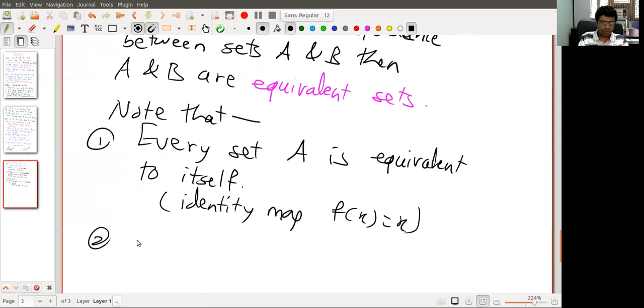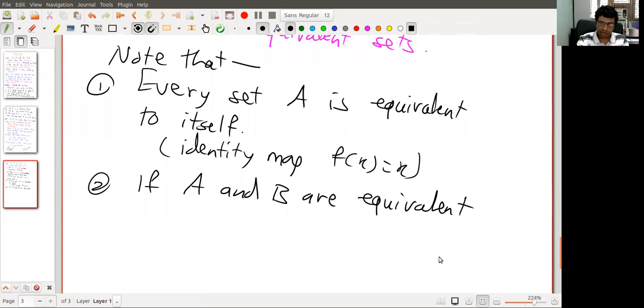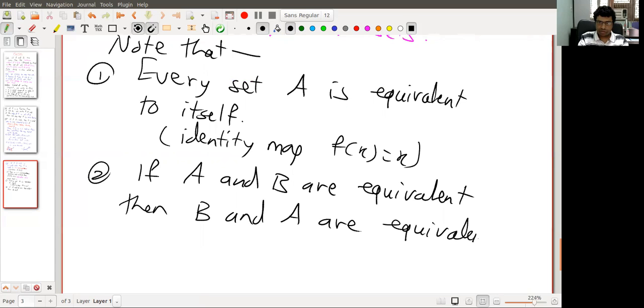Second, if A and B are equivalent, then B and A are equivalent. Okay, so if f is a one to one onto map from A to B, then we can always find an inverse mapping of f.